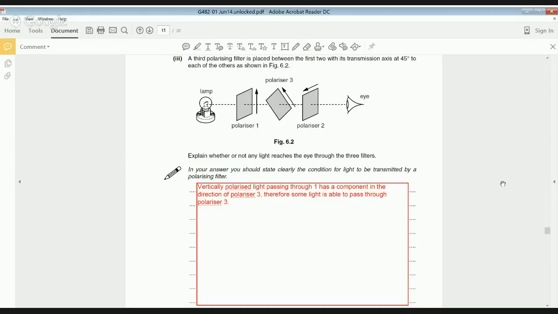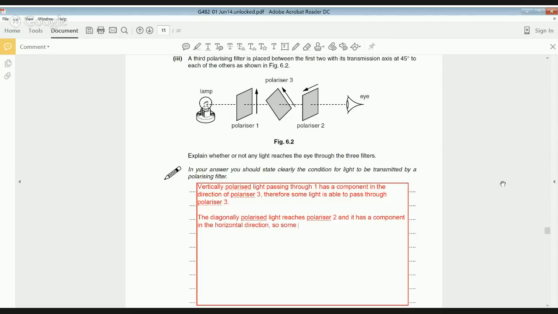Then you have a small amount of light approaching, diagonally polarized. It reaches polarizer 2, and it has a component again at 45 degrees. The two are at 45 degrees to each other, and it has a component in the horizontal direction.